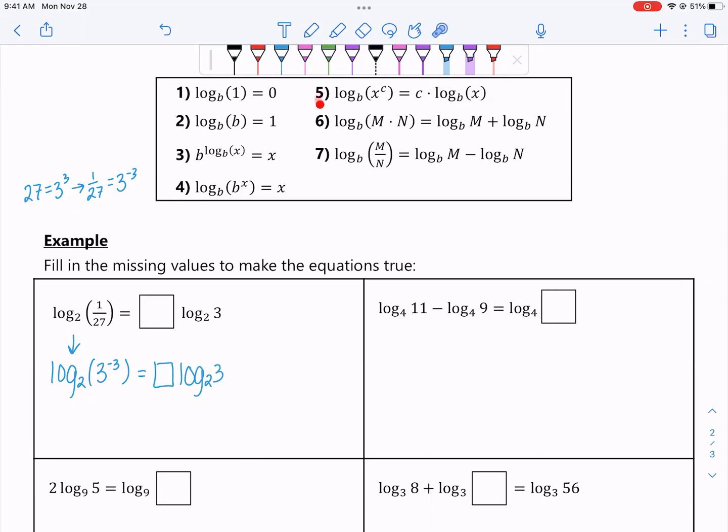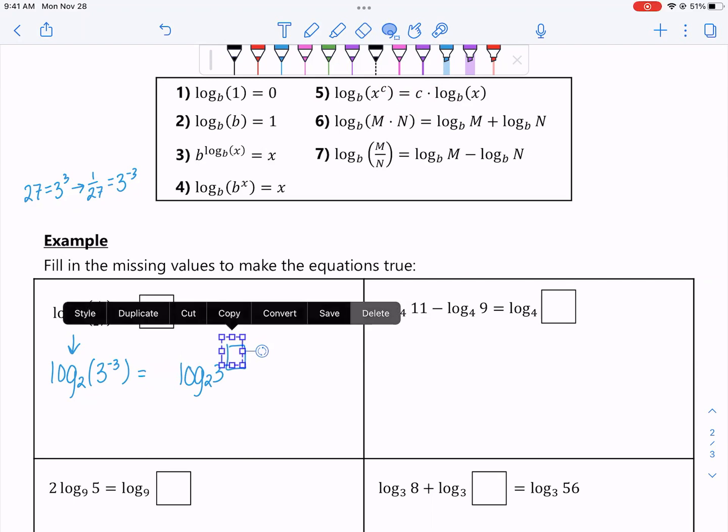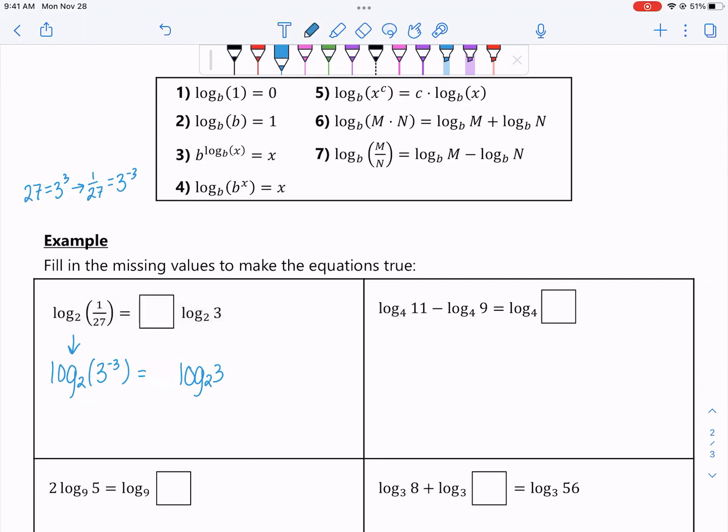Now, using rule number 5, I can take this blank and move it up to the exponent. And we get this statement here. Log base 2 of 3 to the negative 3 is equal to log base 2 of 3 to the negative 3, right? So I want those insides to be the same. Put some parentheses on there. So it's negative 3.